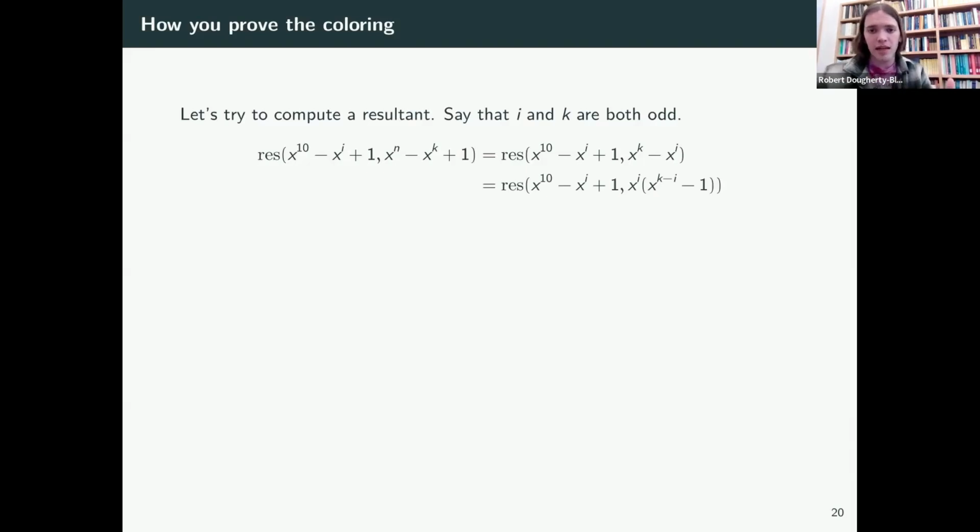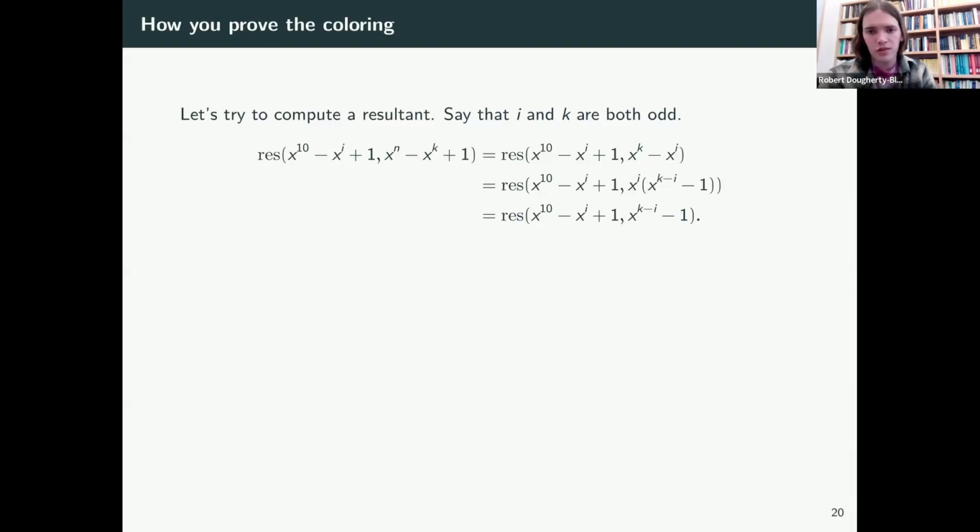So you can actually break this down into 2 resultants, but it turns out that the power of x doesn't really matter, and it just disappears more or less. And so essentially you get down to this resultant right here, where you're computing the resultant of a trinomial with this power of x minus 1.